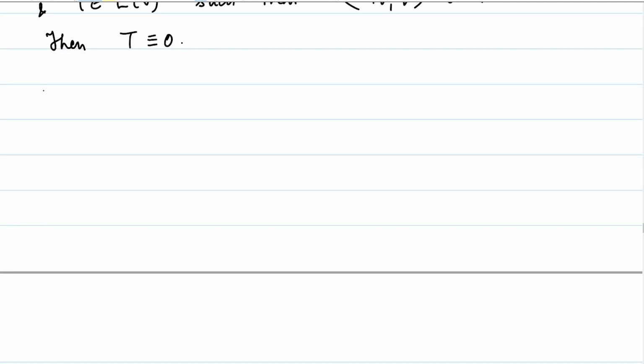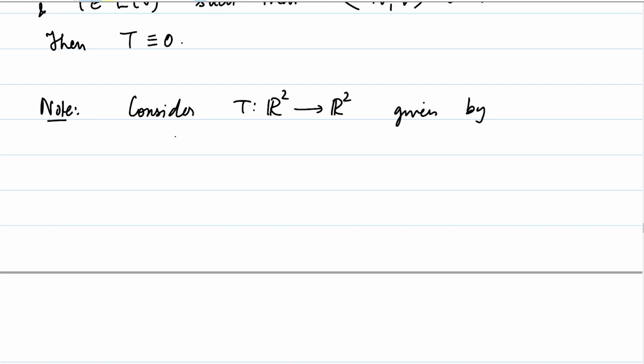Let me just note, consider T to be the linear map from R2 to itself given by T of x comma y being equal to minus y comma x.